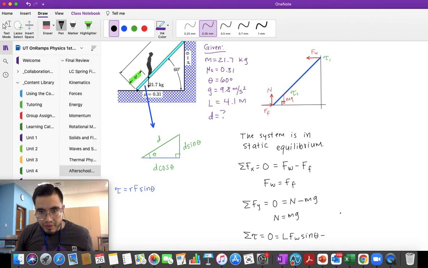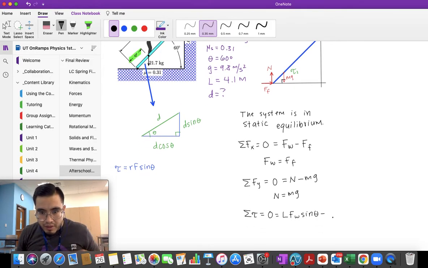Then all we have to write down is radial distance, or the distance, which is d cosine theta times the force, which is mg. Now the reason why I'm not going to write sine of theta again is because this is a 90-degree angle and you're maximizing the torque.